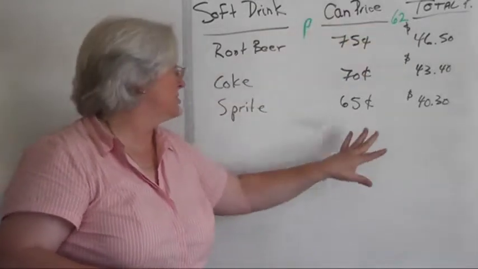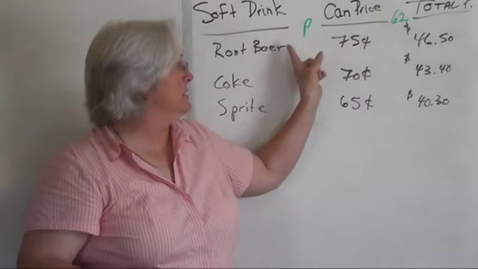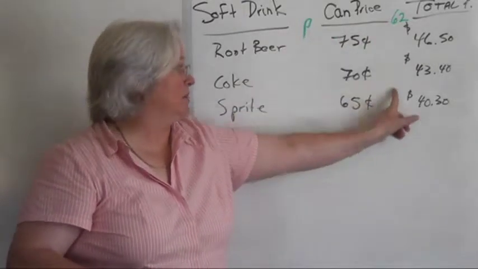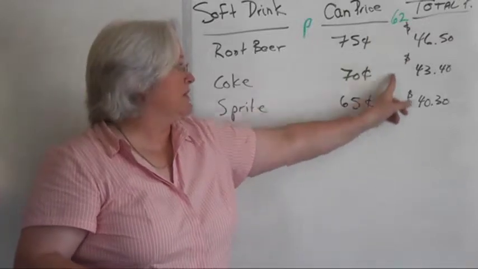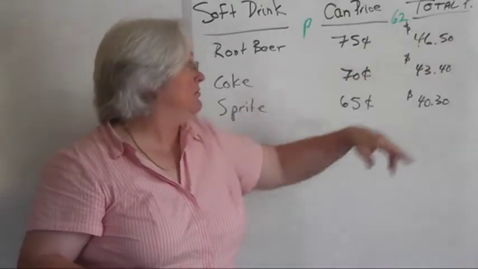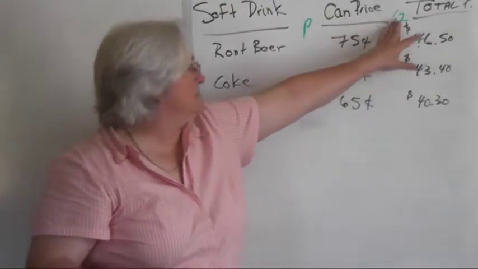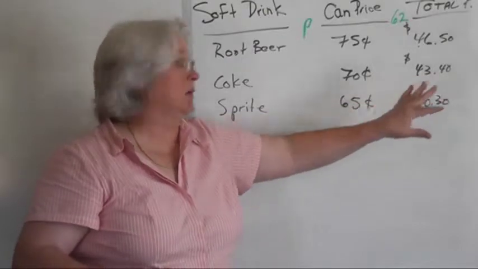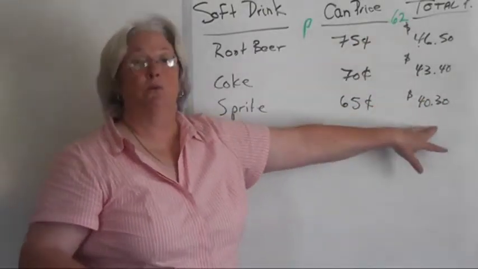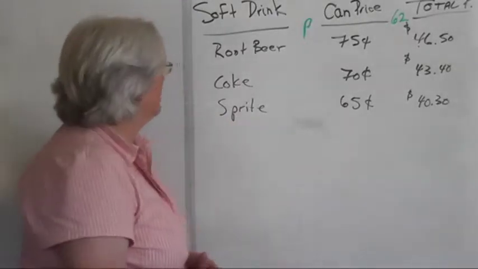If I want to know how much it costs for Sprite, I'm going to take 62 times the price, which down here is 65, and that's what these total prices are. So this is the breakdown that they wanted. 62 times 75, 46.50. 70 times 62 is 43.40. Finally, 65 cents times 62 would cost $40.30 if you got Sprite for everyone at the party.